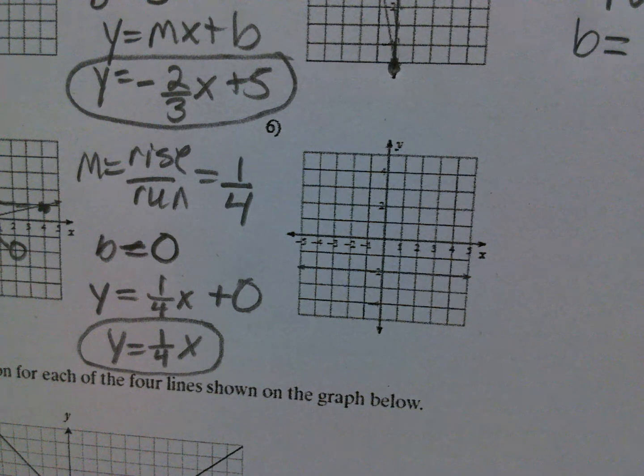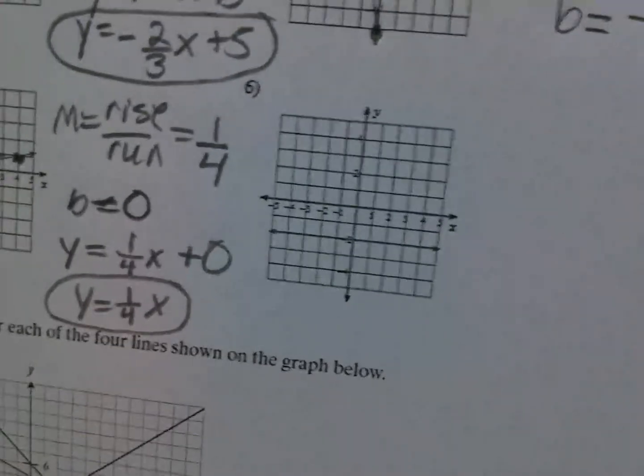What did you all get at table 2? Y'all didn't finish. What y'all get at table 3? Y equals 0x minus 2. Okay. What y'all get at the next table? Y equals 0x minus 2. Okay. Good job. What y'all get? Y equals 0x minus 2. Okay. Last table. All right. Good job.